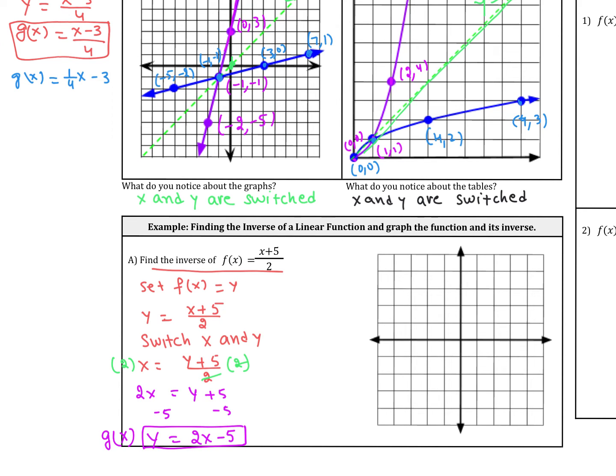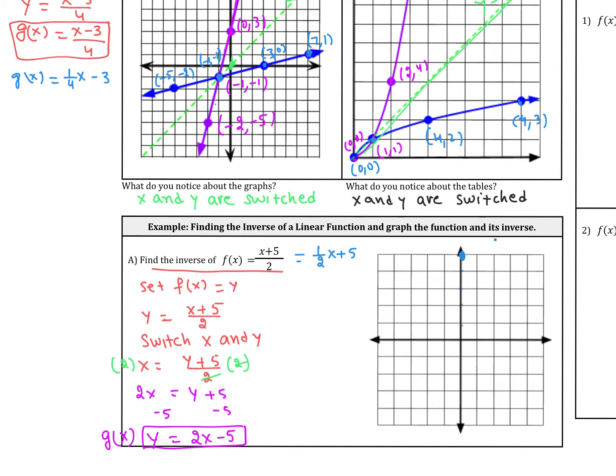Now we are going to graph both of the functions on the graph here. First we are going to graph f(x). To graph f(x), you're going to turn that into 1 over 2 x plus 5, where 5 is going to be your y-intercept, which is this point, 1 2 3 4 5, this point right here.